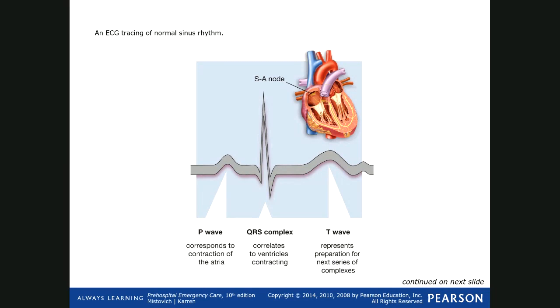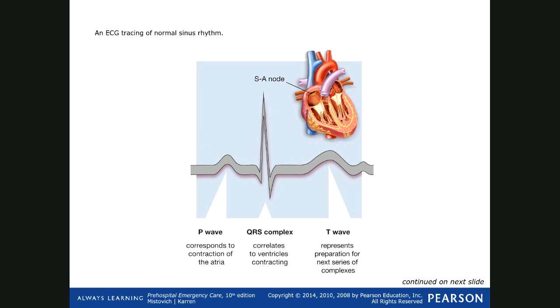Let me talk about this T wave real quickly as well. Okay. National Registry has been asking questions about this. So please be familiar with this. You notice the T wave looks like a small hill. So we have the upslope of the T wave, and then we have the downslope of the T wave. The upslope of the T wave is called the absolute refractory period.